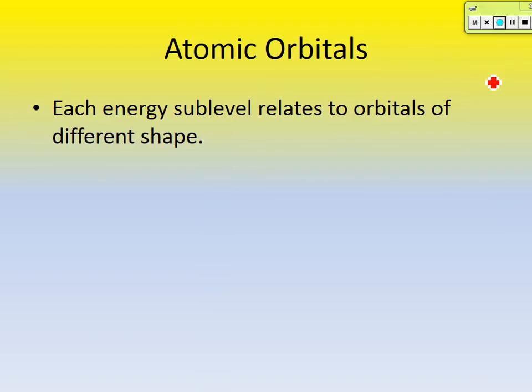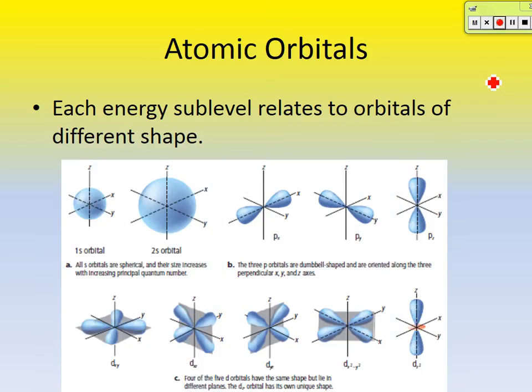Each energy sublevel relates to orbitals of different shape. This is just a diagram that shows all the different shapes of the orbitals. So this is an s orbital, the p, the d, and there's also f that's not shown on this diagram. So we're going to break this down and go through each orbital individually.